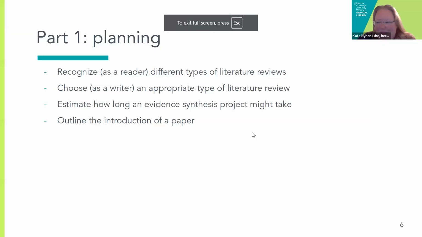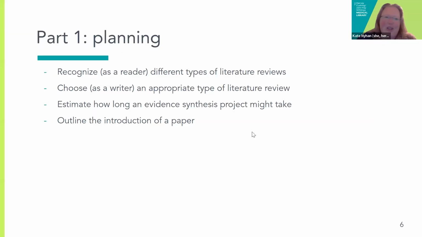So part one, planning your lit review. The key elements here are, as a reader, you want to recognize the many different types of literature reviews that you'll see in literature. And as a writer, choosing between all those different options, what makes sense for your project.